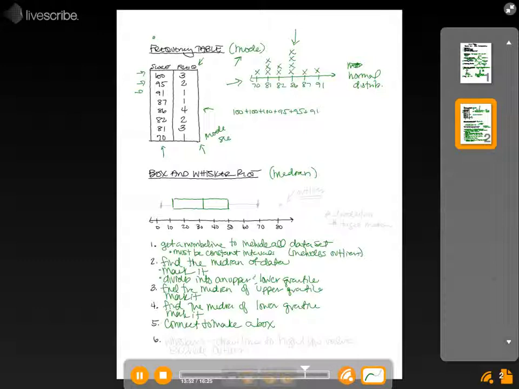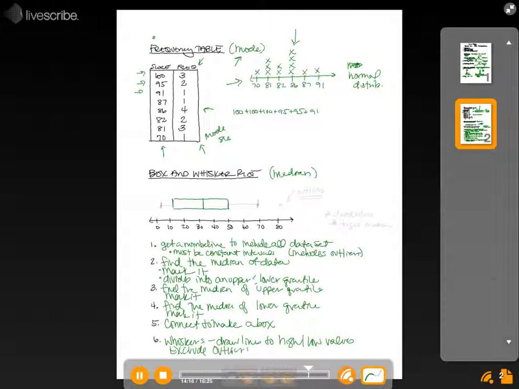Now, step 6 is going to be your whiskers. And you draw lines to the highest and the lowest values. But you exclude outliers, and that's important.